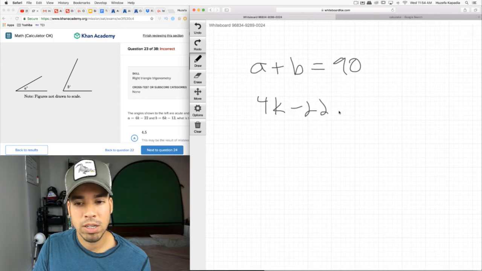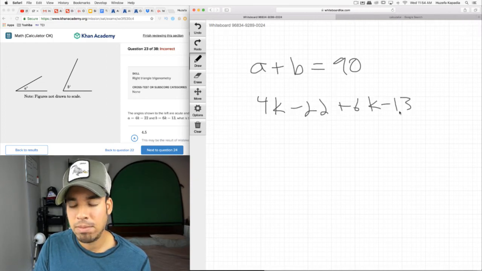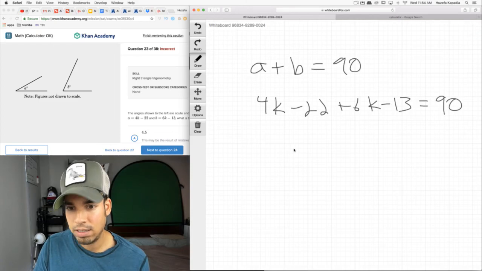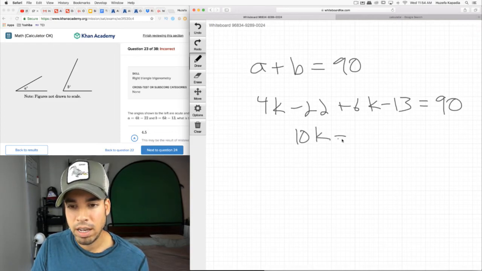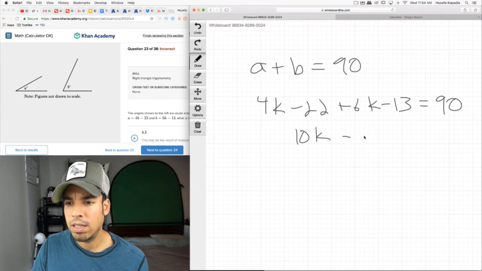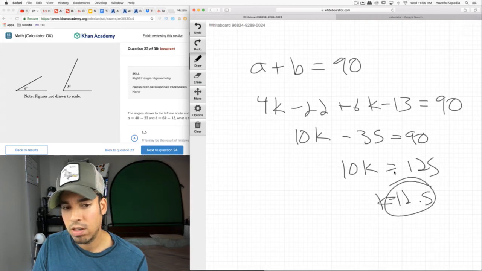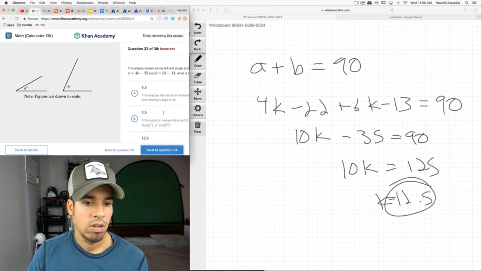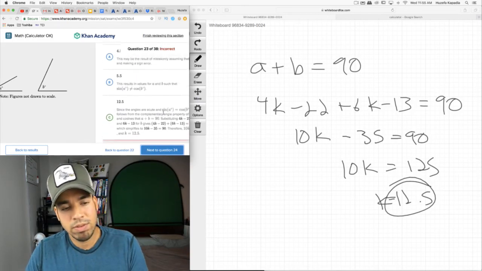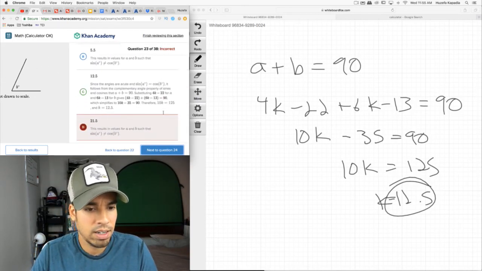So 4K minus 22 plus 6K minus 13 equals 90. 10K minus 35 equals 90. 10K equals 125, so K equals 12.5. And what did I choose? 21.5. Oh, yeah. That is terrible.